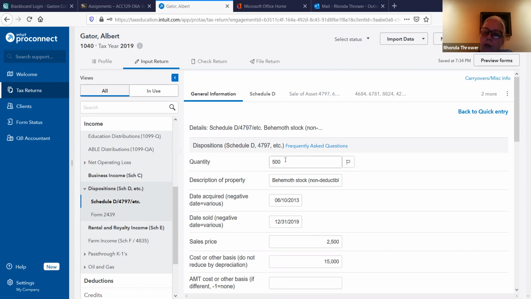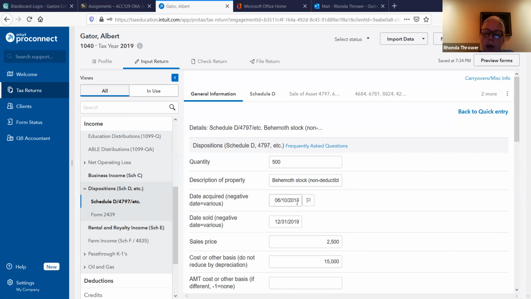So if you multiply $5 times the 500 shares that you sold, you have a sales price of $2,500. In the information to the problem, they also told you that all 1,000 shares had a cost of $30,000. Since we're selling half of the shares, the cost of half of the shares would be $15,000.